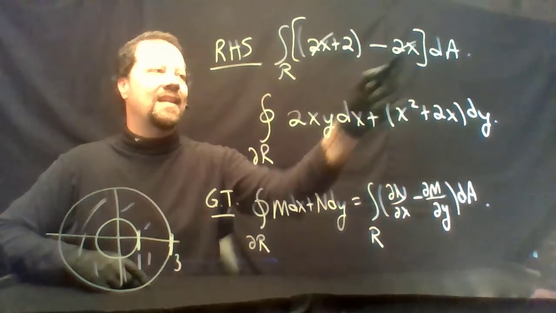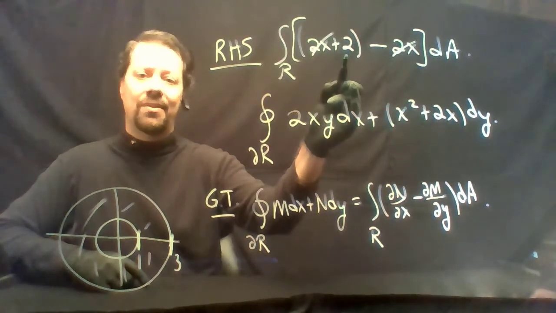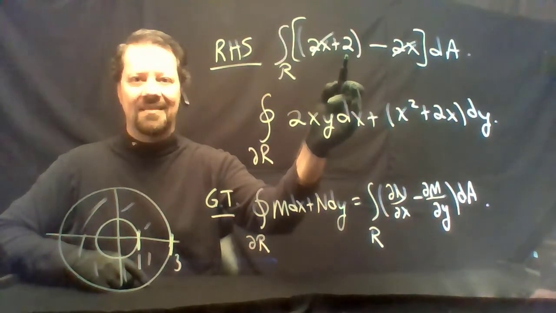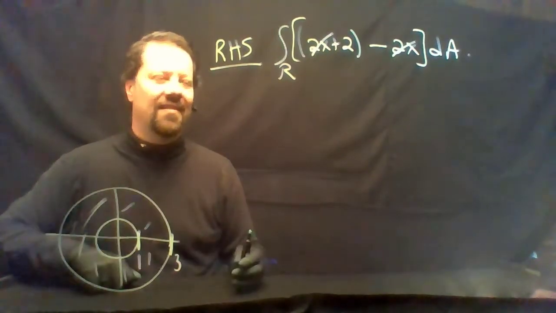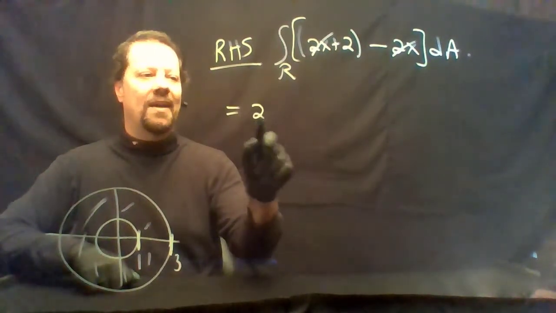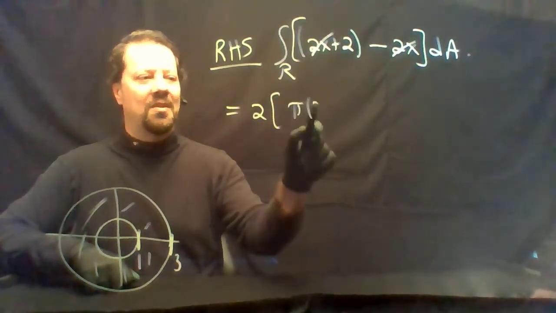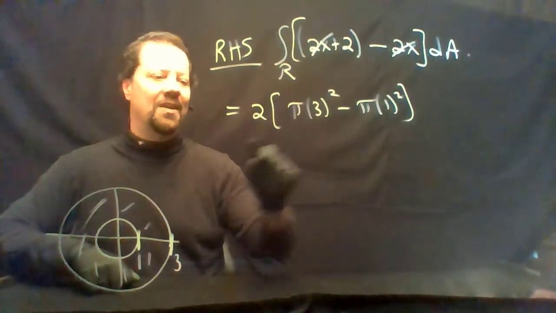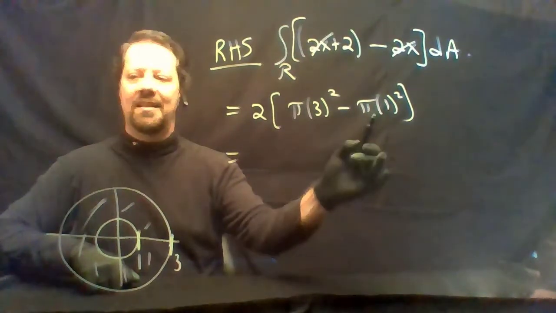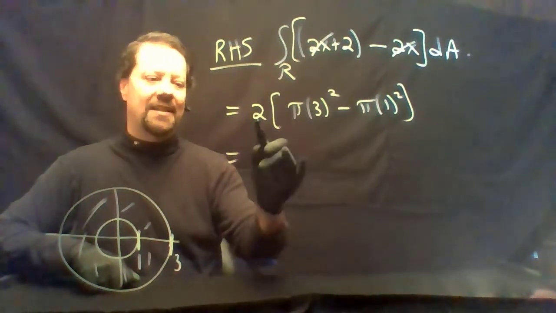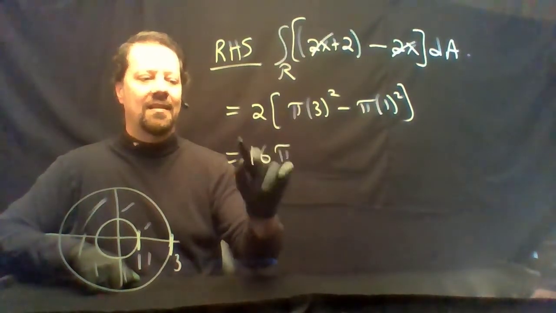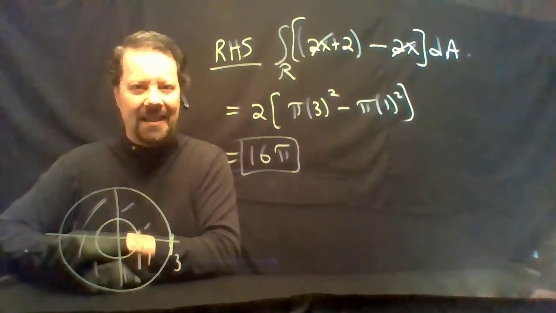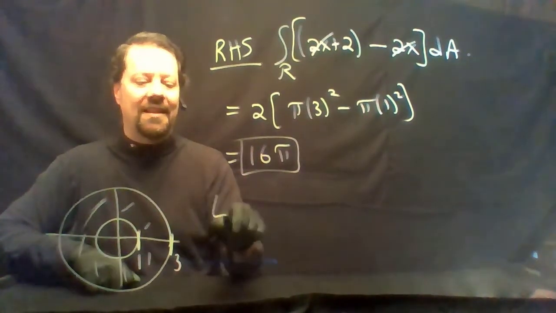Since the 2x's cancel, we're just integrating 2. We get twice the area. We'll get twice pi 3 squared minus pi 1 squared. That's 9 pi minus pi. It's 8 pi times 2. That's 16 pi. Now let's try the left-hand side.